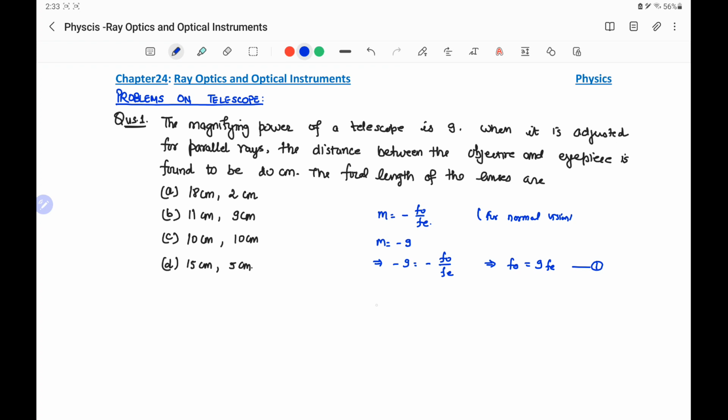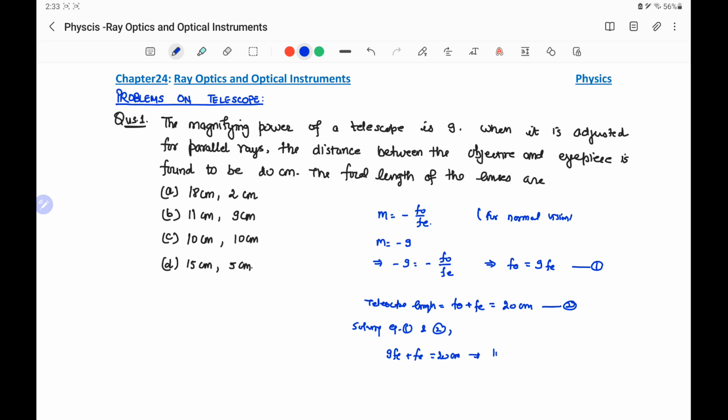For normal vision, we know that the telescope length, that is equal to the distance between the objective and the eyepiece, is FO plus FE, and it is given as 20 centimeter. This is our equation number 2. Solving equations 1 and 2, by substituting the value of FO in equation 2, we will have 9 FE plus FE equal to 20 centimeter.